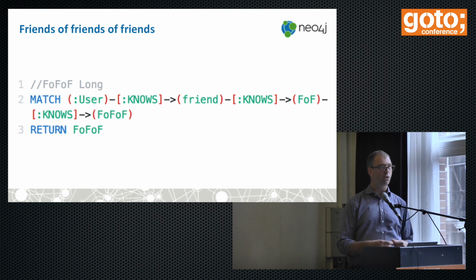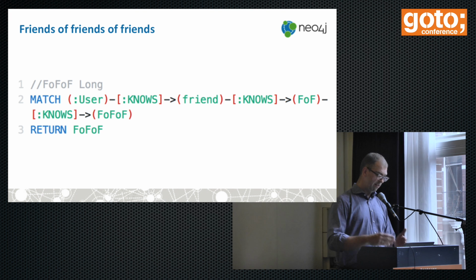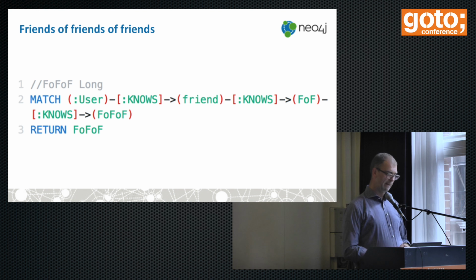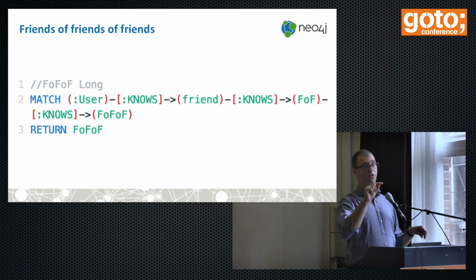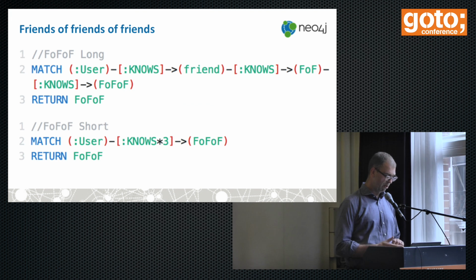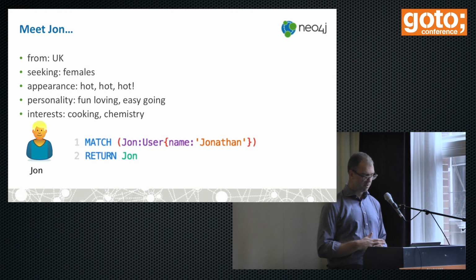This is like the long notation of it: knows, friend of friend, knows, friend of friend of friend. Or you can just say knows star dot dot 3. That would be the easy way to note that. That's what I was indicating earlier. I'm hoping that's clear. So you can leverage that kind of social information.